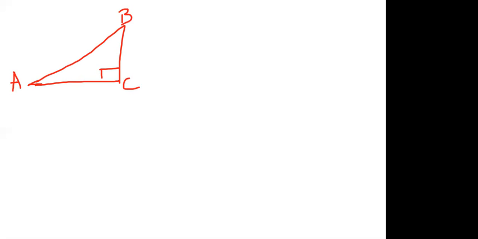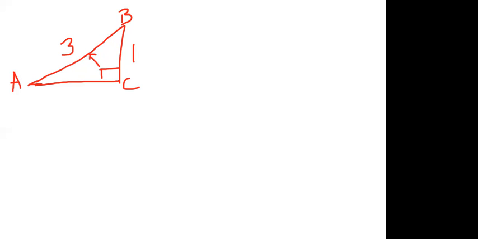The hypotenuse is located right here, directly across from the right angle, and this time I am going to make the hypotenuse 3. Side BC, I'm going to make it 1. By the way, guys, if you want to name the sides, you can use lowercase letters.